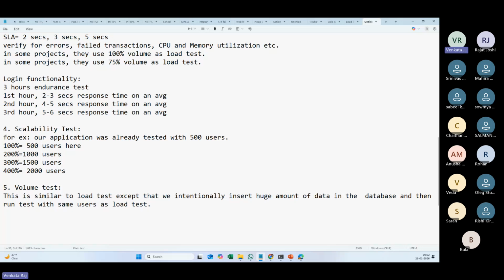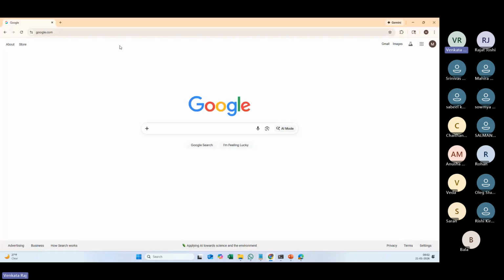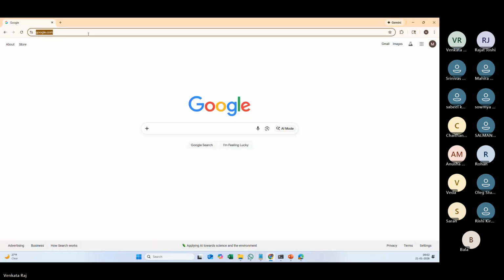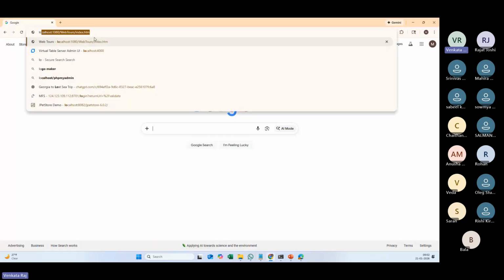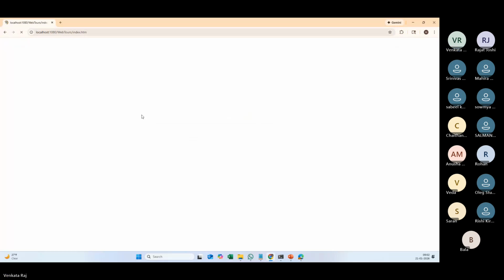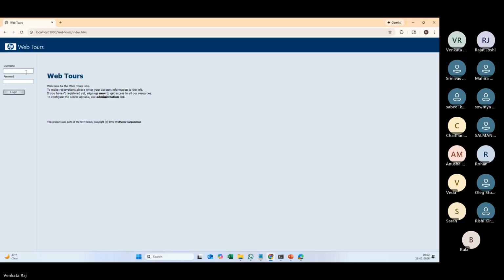Okay, now I'll tell you, let's say there is one application. When the application is new, there are 100 user IDs and passwords in the database. And when I log in here, it is easy for the code to check those 100 usernames and passwords.